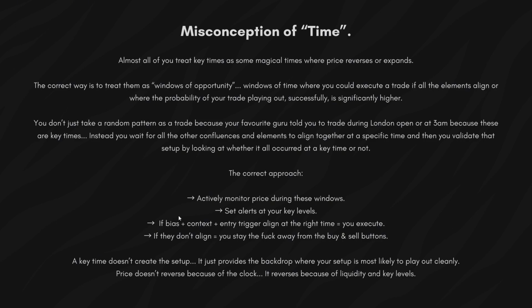That's not how it works. If any one of them is missing, that means they are not aligning, and in that case you stay away from the buy and sell buttons, you stay away from the charts, and you don't execute.